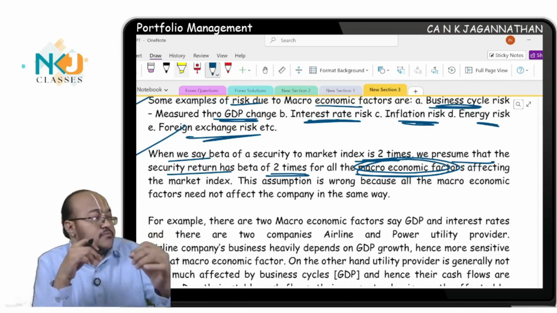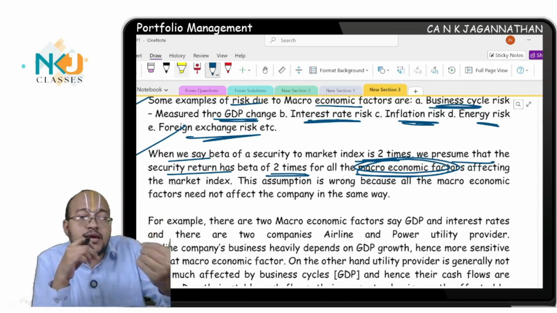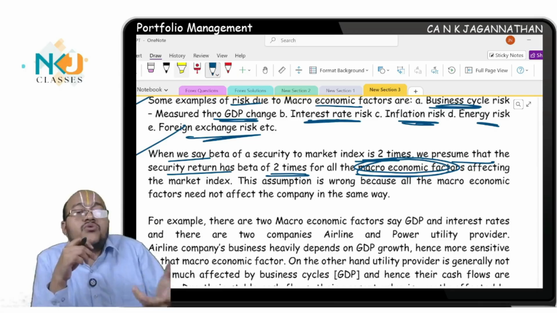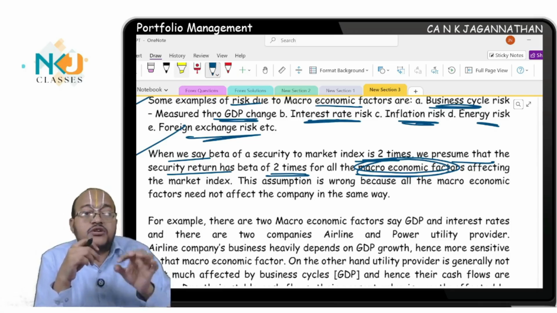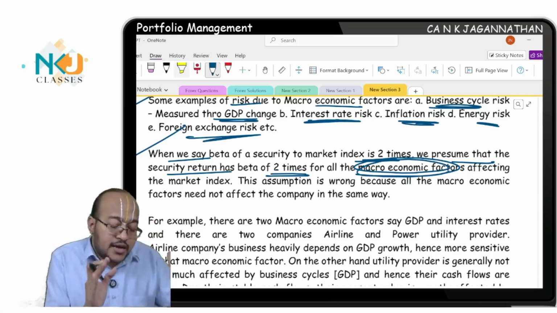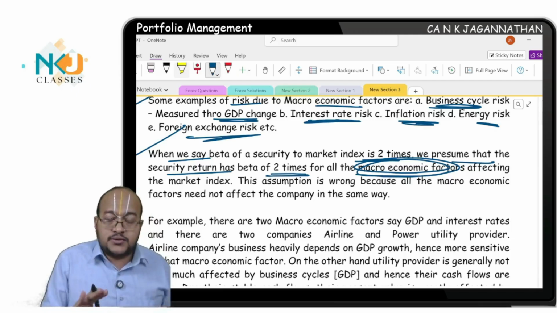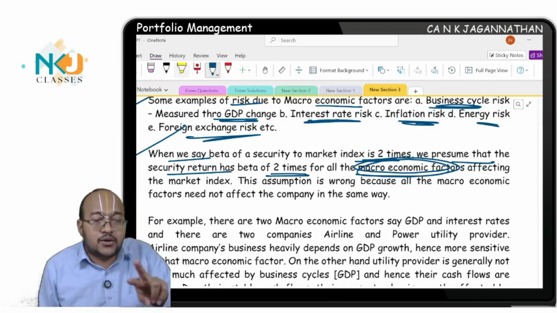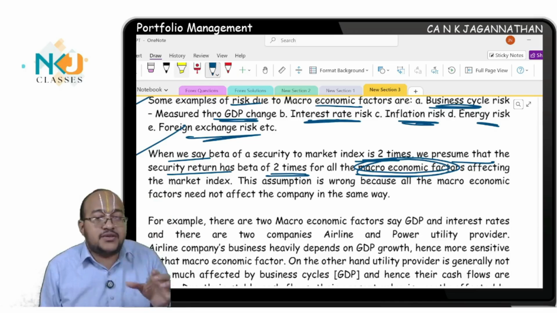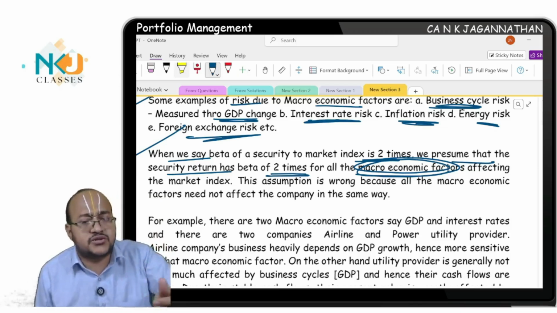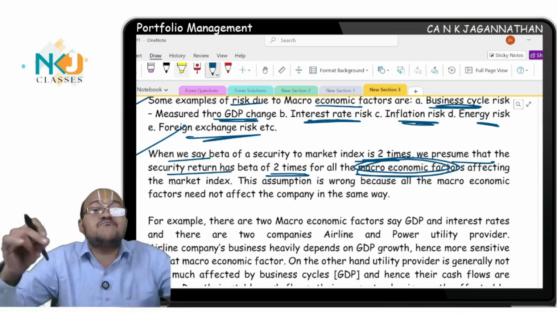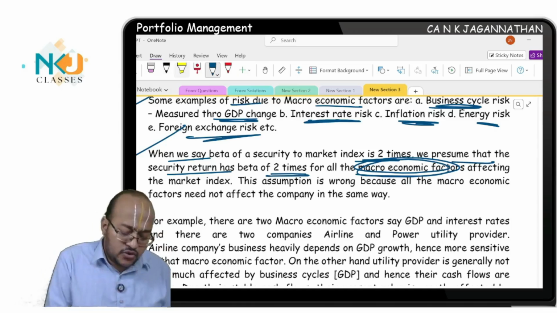That is the underlying assumption you are communicating, which is incorrect. This is not fair, because the security's return will vary due to GDP change, inflation or interest rate changes, but not in the same manner. I will give you a classic example.